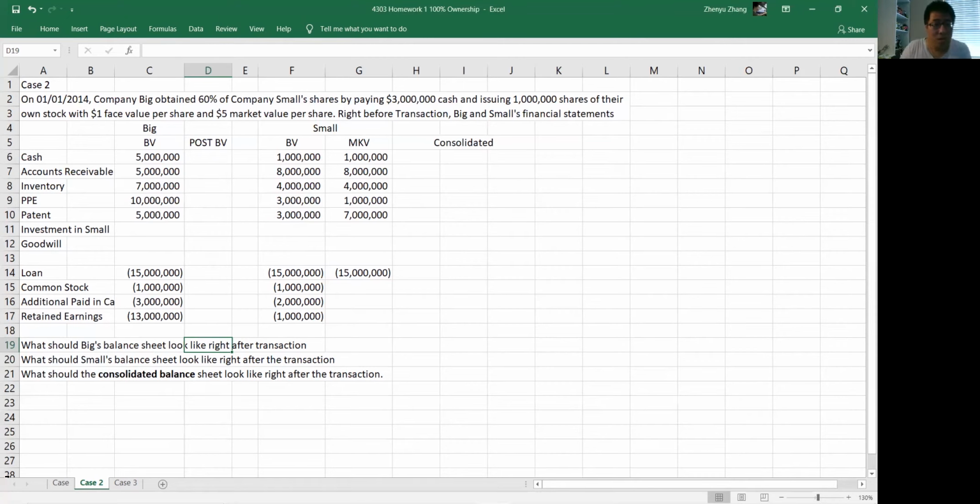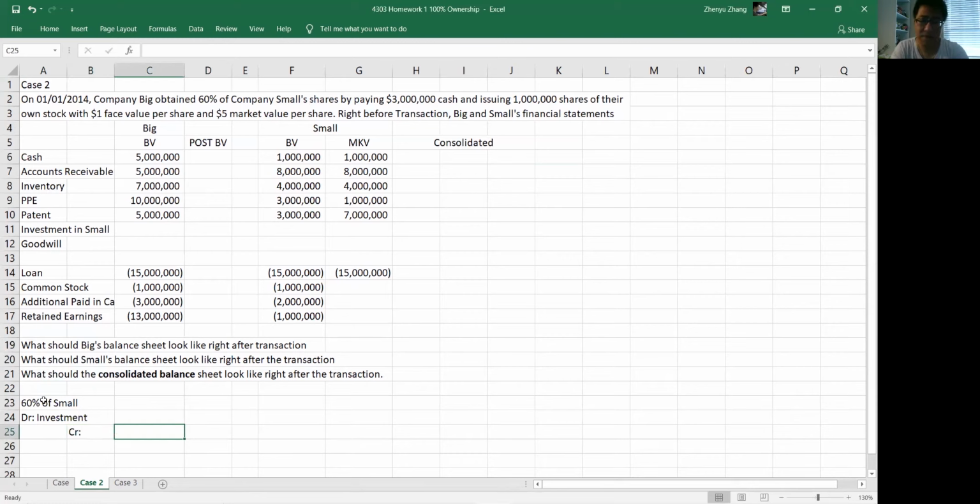So what should Big's balance sheet look like right after the transaction? That's the same question. Let's do it again. This time they got 60% of Small. To get 60%, it's the same issue. Debit investment, of course, credit.